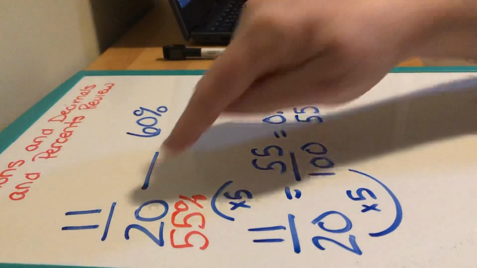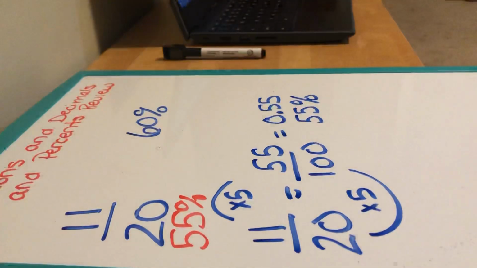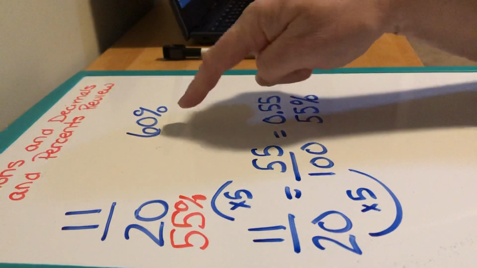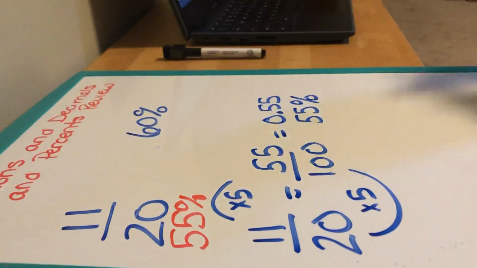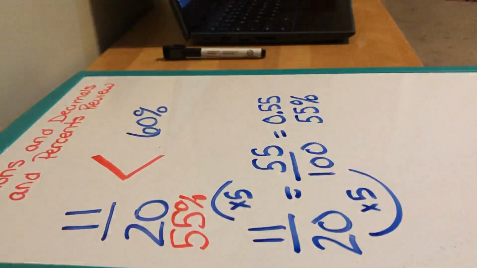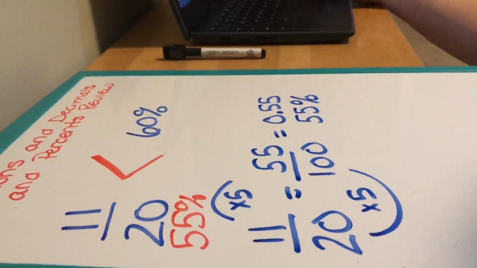So now I can compare 55 on this side and 60% on this side. 60% is clearly bigger, so I'm going to make my alligator mouth eating the bigger number. Okay, and let's see what's next.